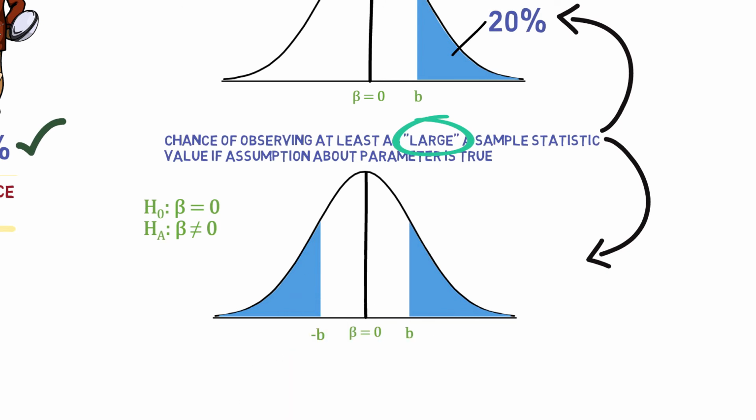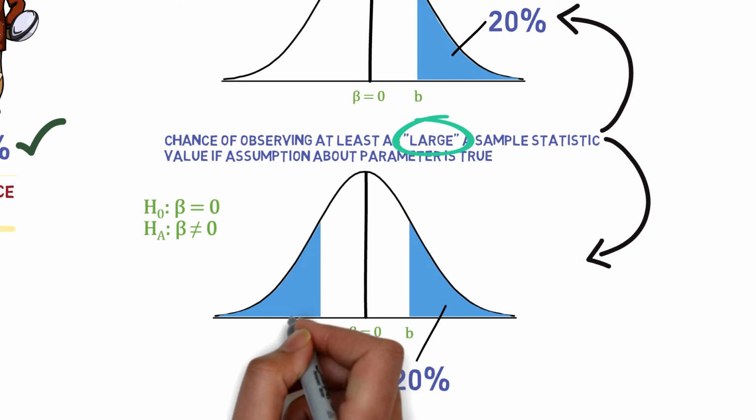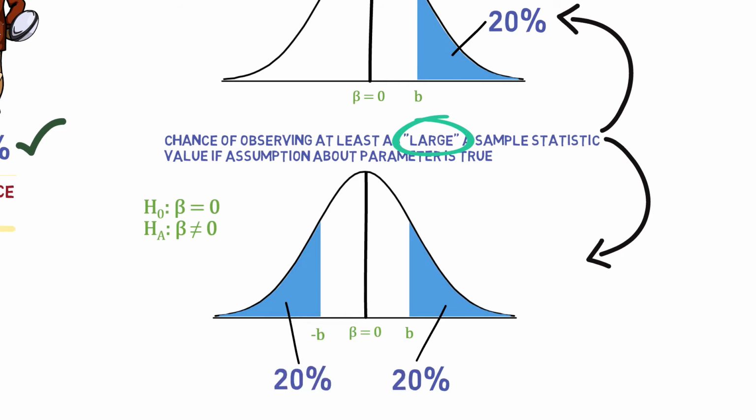So if it's 20% probability of getting a test statistic larger than b, to find the p-value in the two-tailed test, we also have to account for the fact that there's also a 20% probability of being more negative than the negative b. And so the p-value here in this case is 40% rather than 20%.